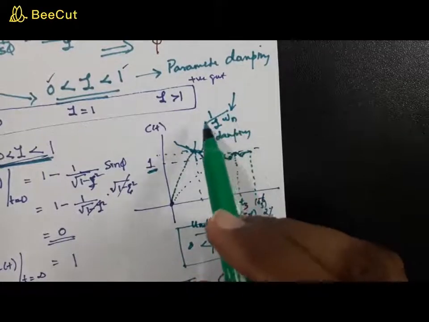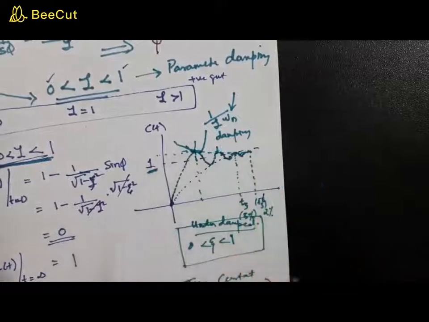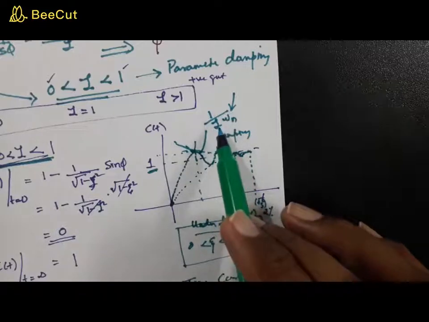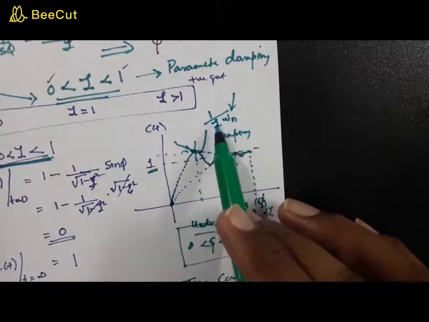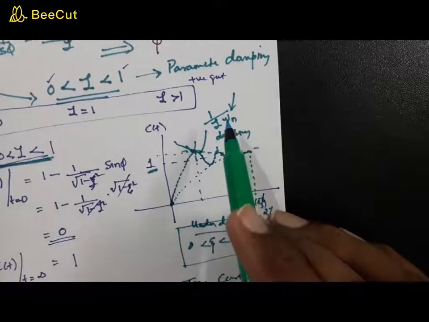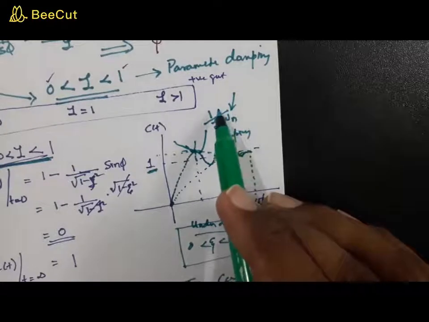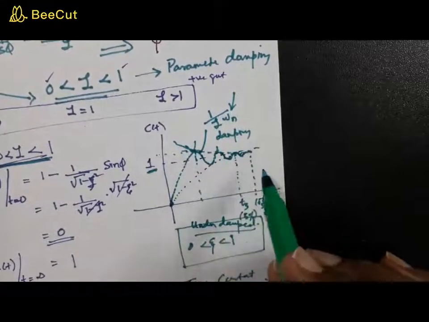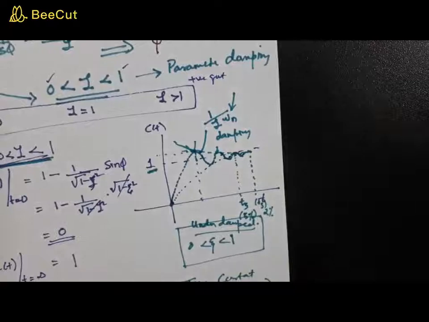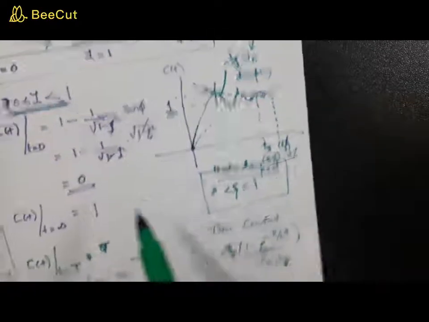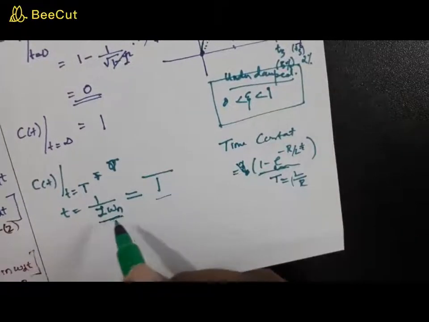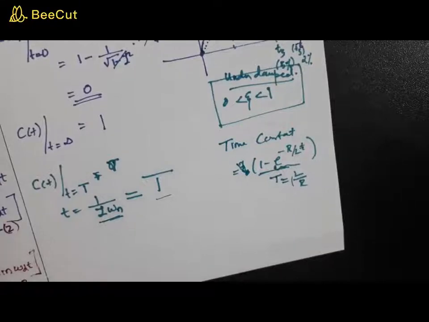So what happens when zeta is closer to 0? 1 by zeta omega n becomes a high value, which means it will take too much time to damp. That's what I told you, that the rate of damping depends on this damping ratio. So that's called the time constant. It is given by 1 by zeta omega n.